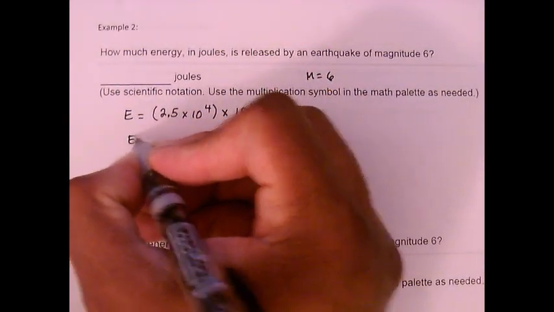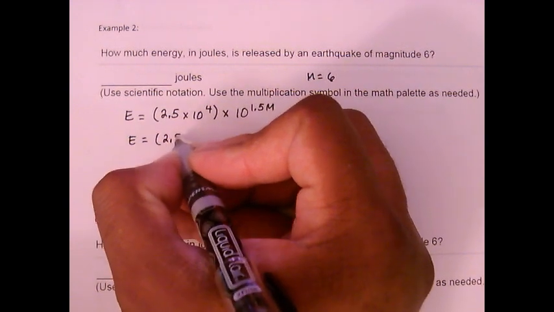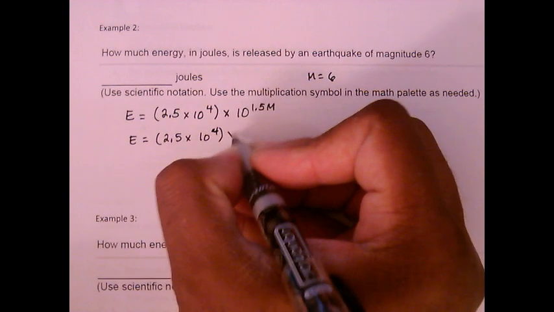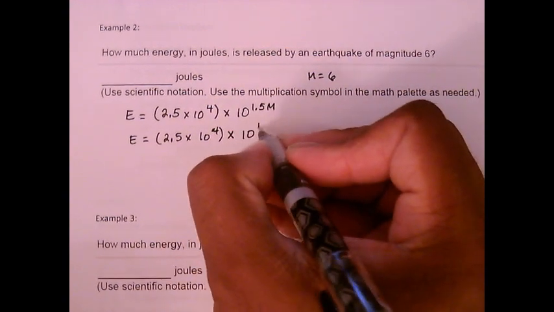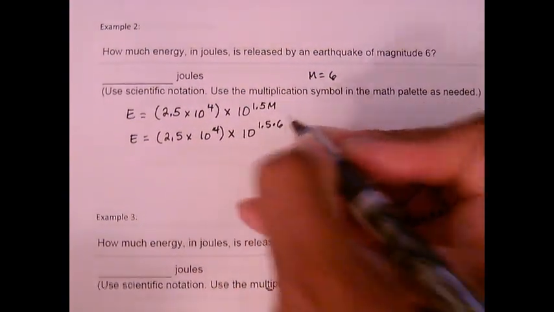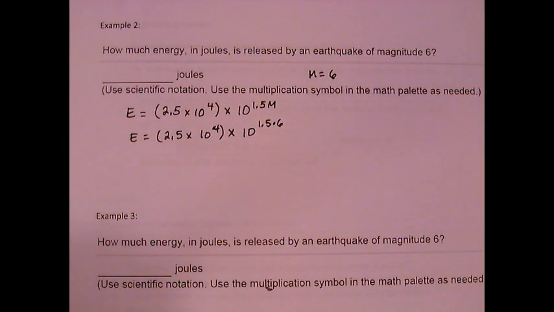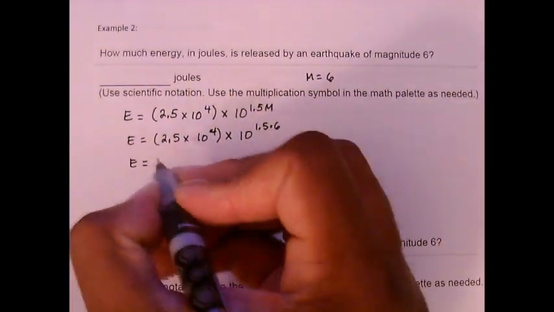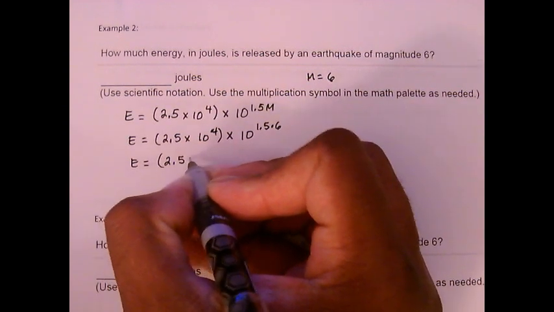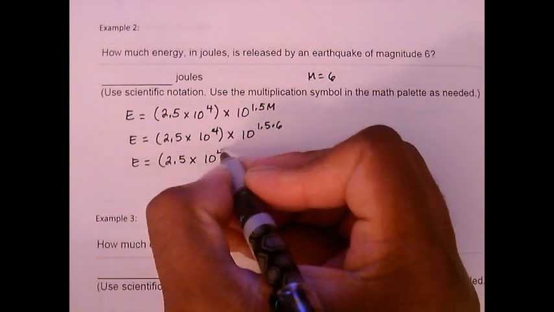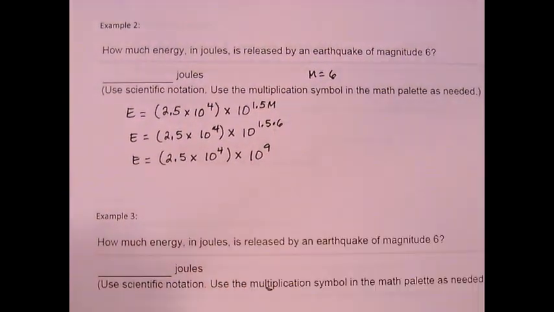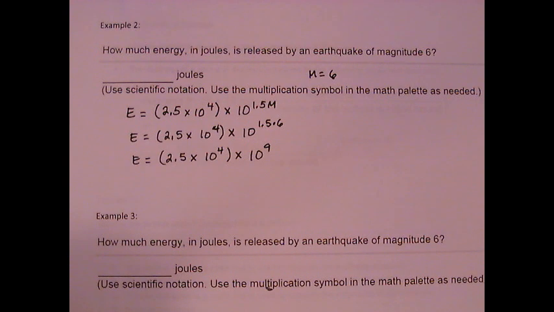This will be E equals 2.5 times 10 to the fourth times 10 to the 1.5 times 6. Now if I multiply 1.5 times 6, I'm going to get 9. So I have E is equal to 2.5 times 10 to the fourth times 10 to the 9. That came from 1.5 times 6.